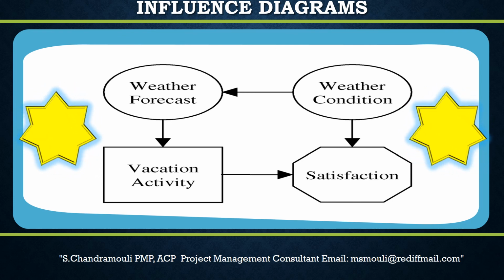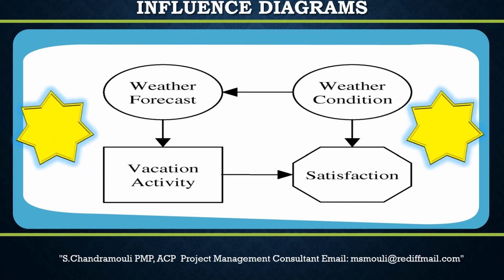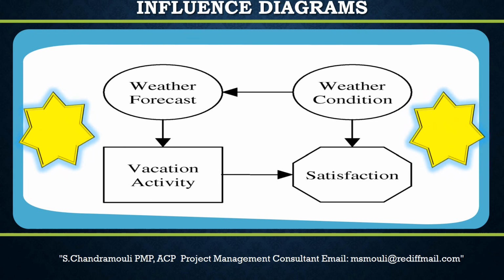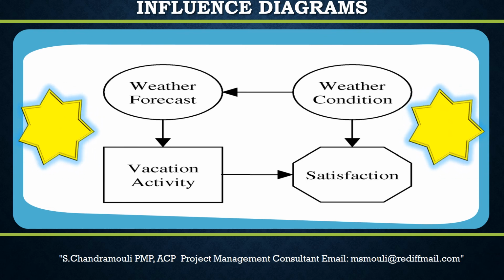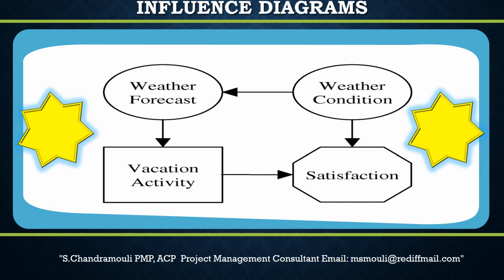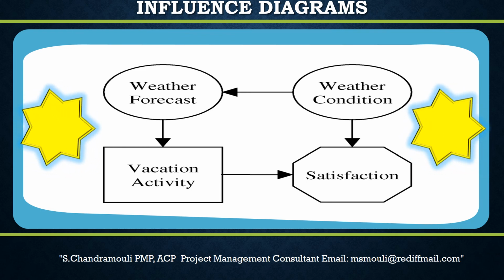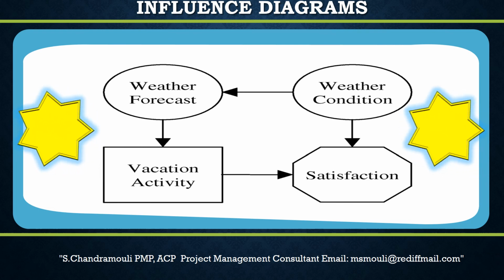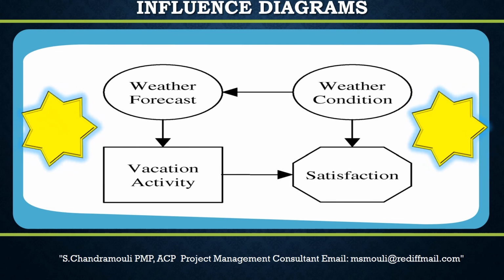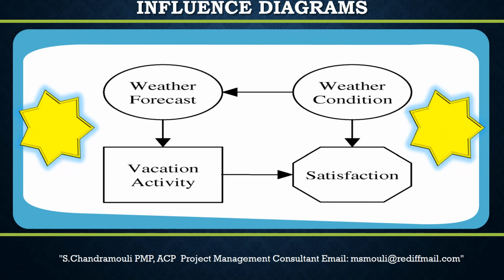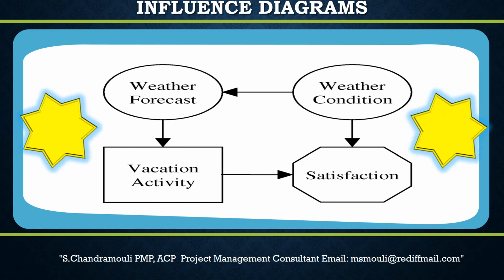Informational arc ending in vacation activity indicates that they will only know weather forecast, not weather condition, when making their choice. In other words, actual weather will be known after they make their choice, and only forecast is what they can count on at this stage. It also follows semantically, for example, that vacation activity is independent of, irrelevant to, weather condition, given weather forecast is known.